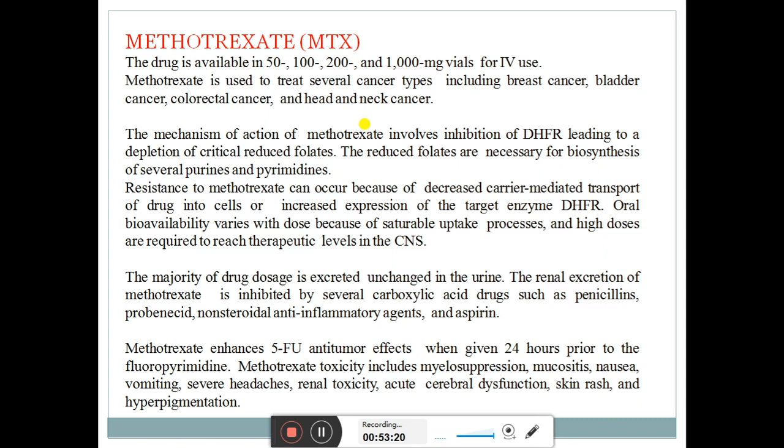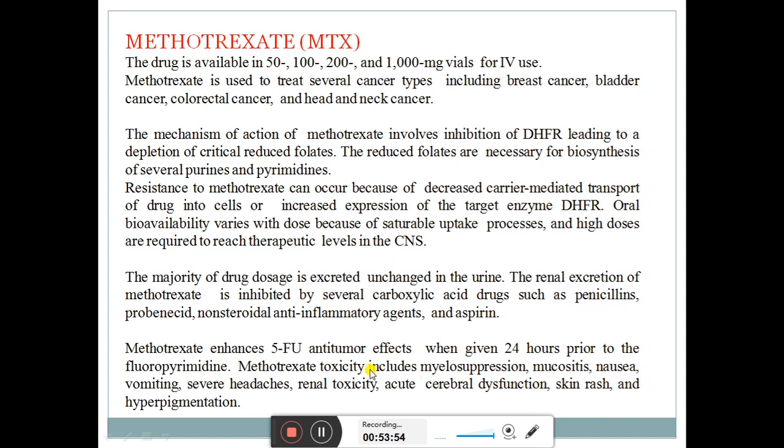The majority of the drug dose is excreted unchanged in the urine. Renal excretion of methotrexate is inhibited by several carboxylic acid drugs such as penicillin, probenecid, non-steroidal anti-inflammatory agents, and aspirin. Methotrexate enhances the 5-fluorouracil anti-tumor effects when given 24 hours prior to the fluoropyrimidine.